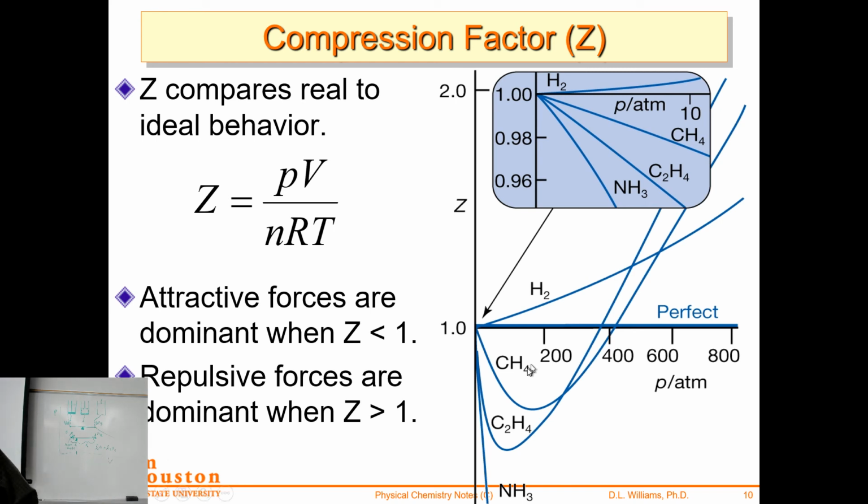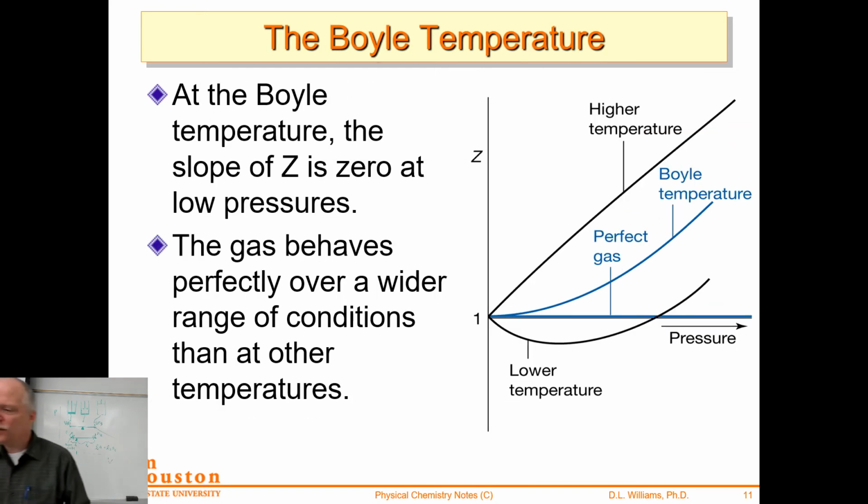And so you can plot all of these different gases, their real behavior using this compression factor, and you can see their non-ideality. Now at the boil temperature, so that previous chart showed the boil temperature, you're at the right temperature where for at least a fair range of pressures, the compression factor is 1.